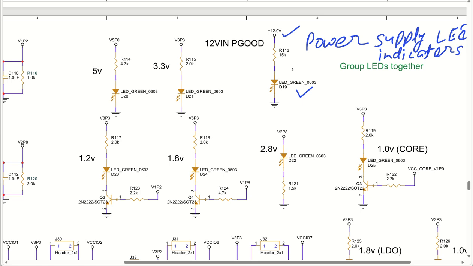The resistance value is decided by how much current you want to flow through the LED to make it glow. The LED current could be, let us say, 20 milliamperes, or 5 milliamperes, or 2 milliamperes. The LED will glow brighter for higher current and dimmer for less current. So you have to see the datasheet and design the resistance accordingly.